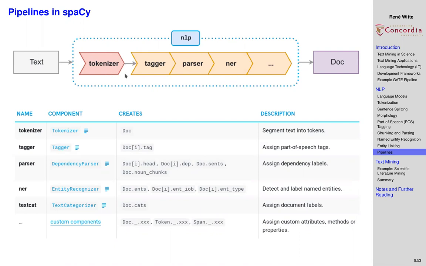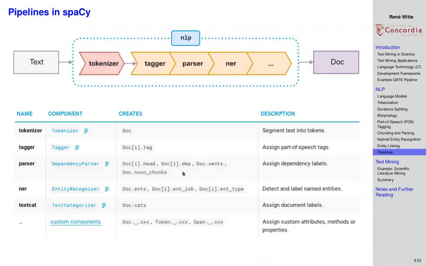Each of these components in the pipeline creates various annotations on this document structure. So the tokenizer will create the document tokens. The tagger will create the part of speech tags, and so on. Each step in the pipeline will, on that document, create these additional annotations.